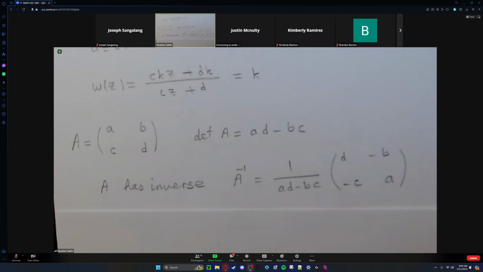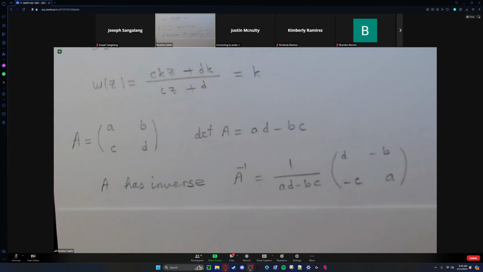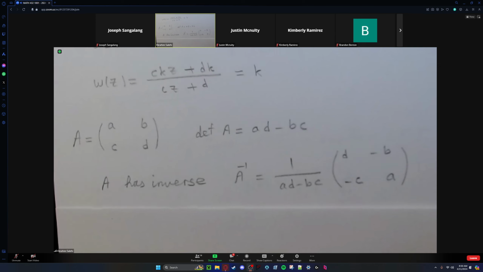So there is a beautiful correlation between the functions I'm going to discuss today and matrices.